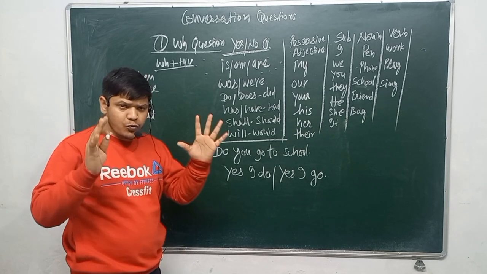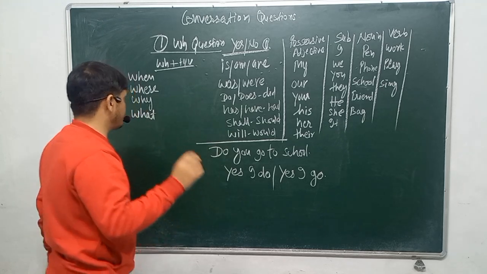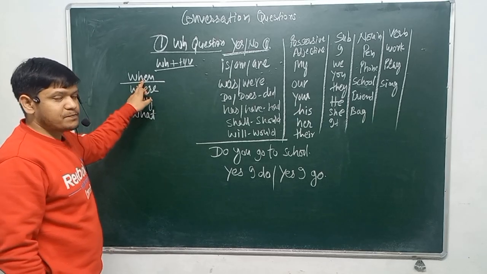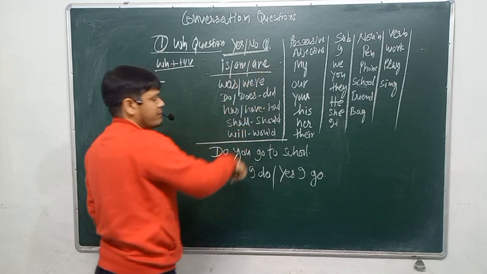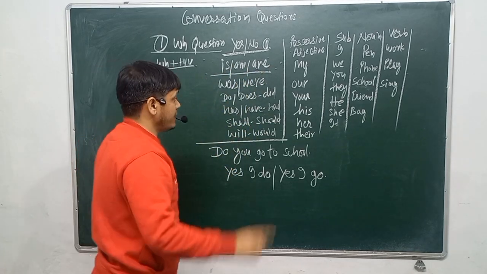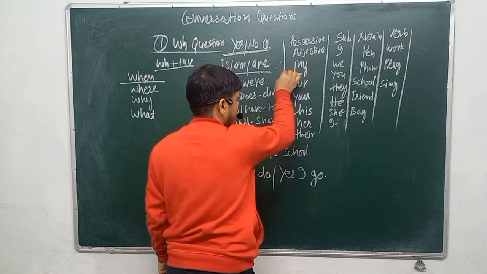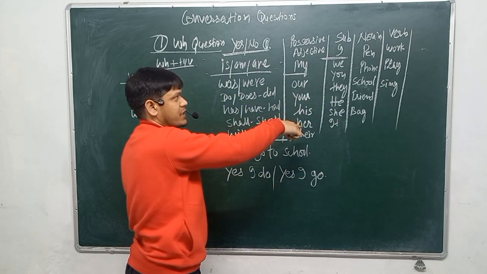And then, how to construct questions in English language. First of all, if we need to use the WH question words, we use the WH question word in first place. After that, in second place, we use the helping verb according to the situation. In third place, we have a choice: we can use an adjective, possessive adjective, or subject pronouns, subject words.